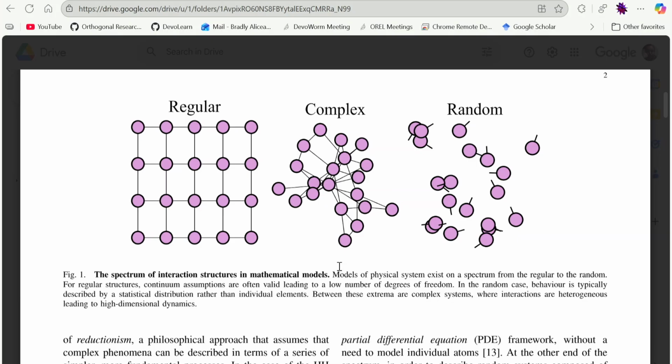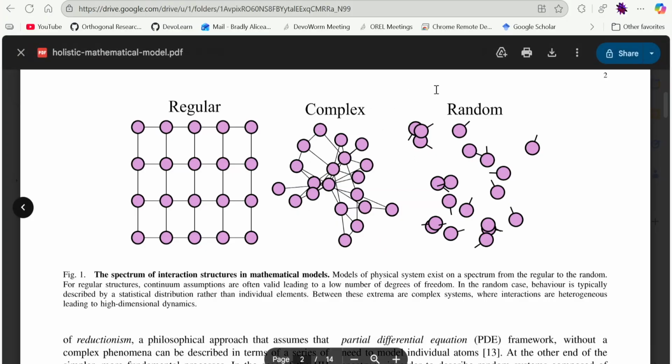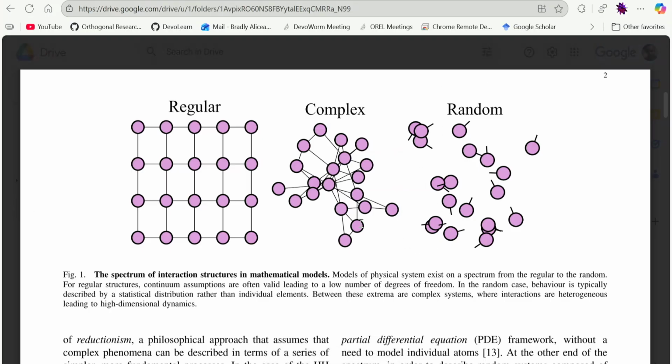We can't necessarily use a reductionist set of techniques. We may be able to use some continuum techniques or some ensemble techniques to describe the complex, but it doesn't fully describe it. And then to make things worse, you have this regime between complex and random, which is, for lack of a better term, the edge of chaos.